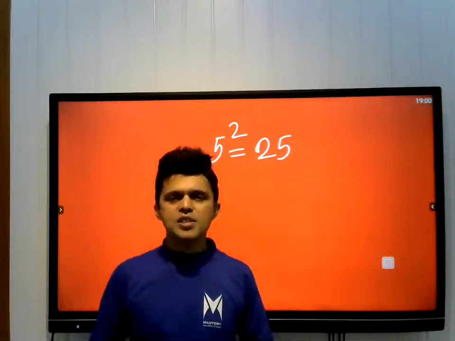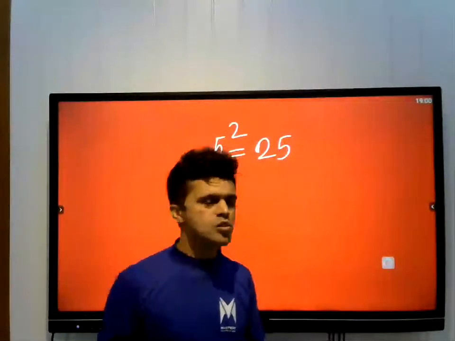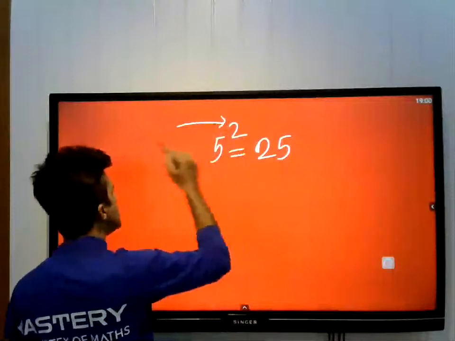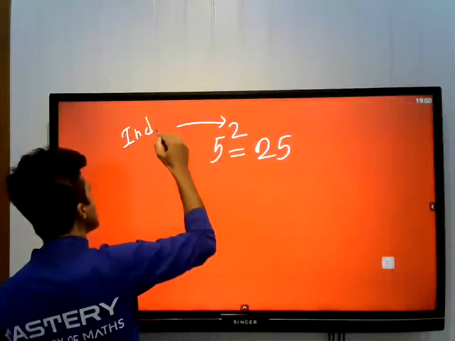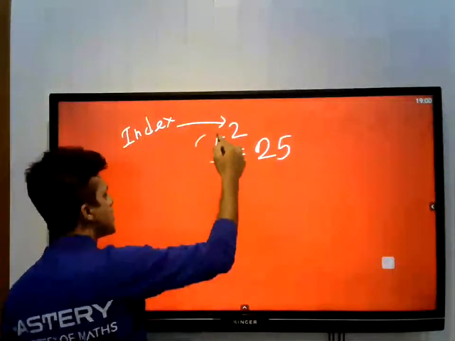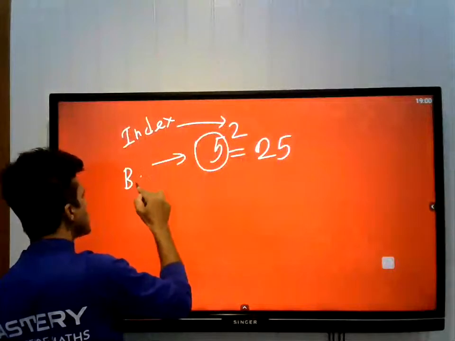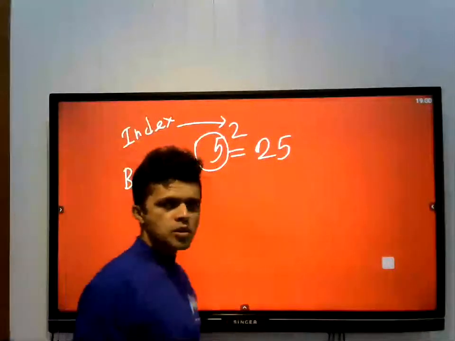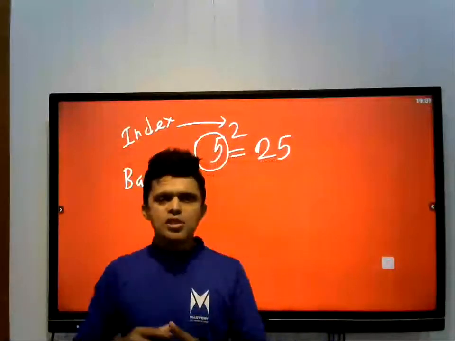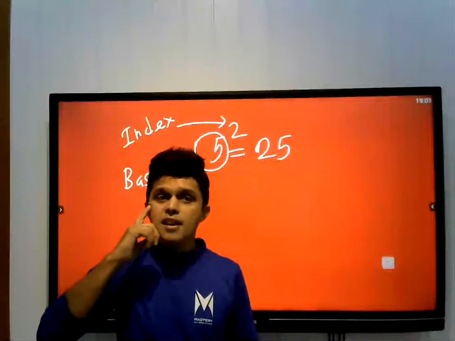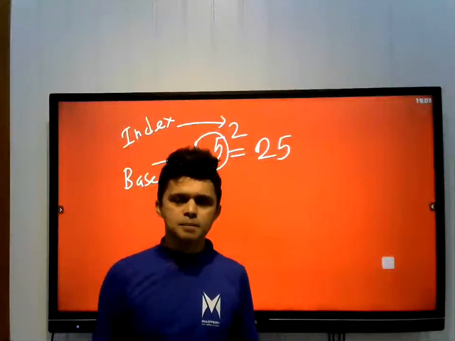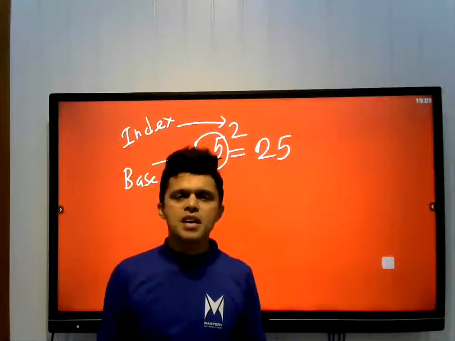In this, this is the index and this is the base. Because of that, we give this relation the name index form.